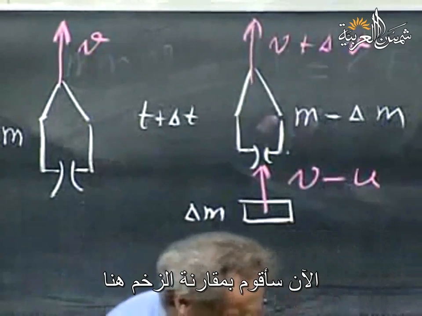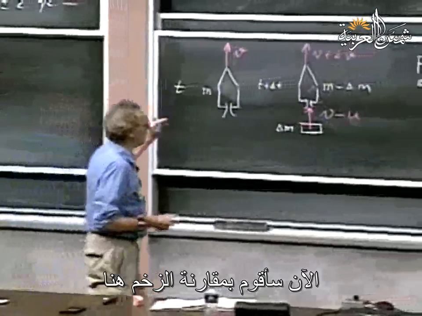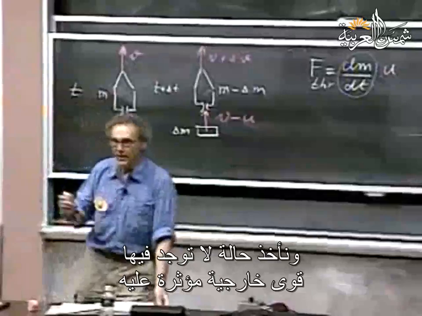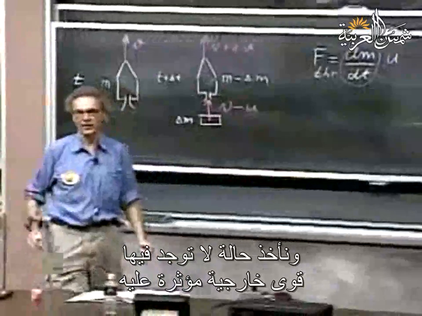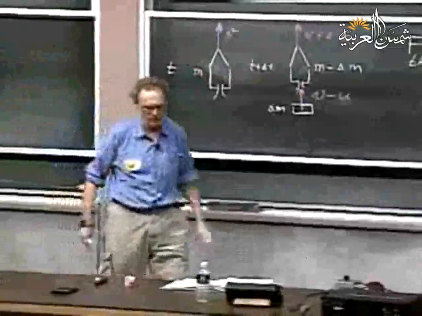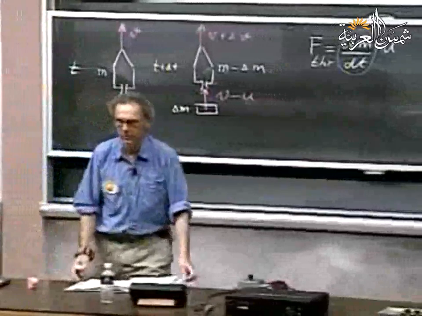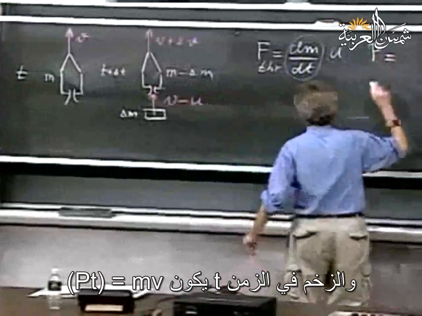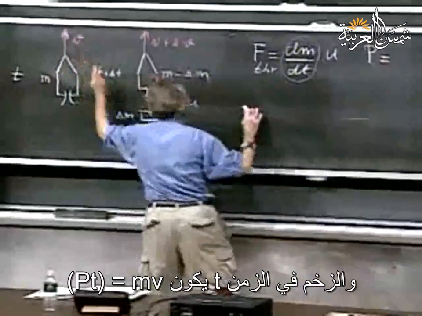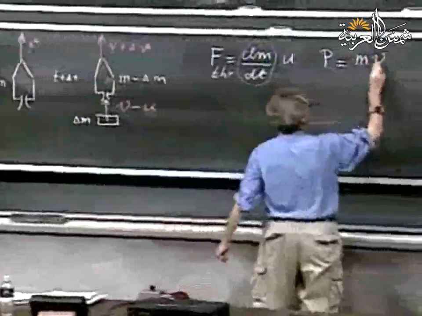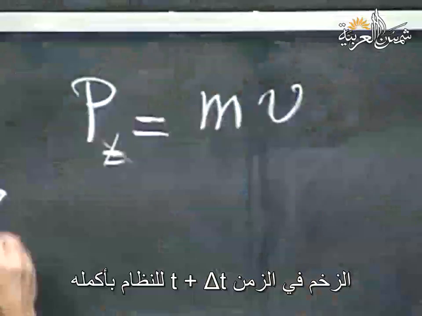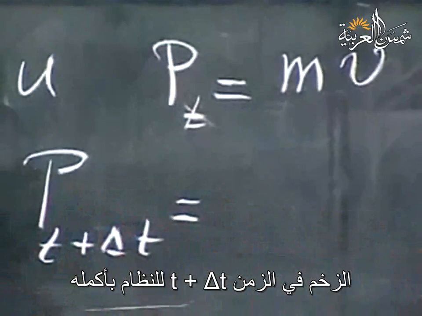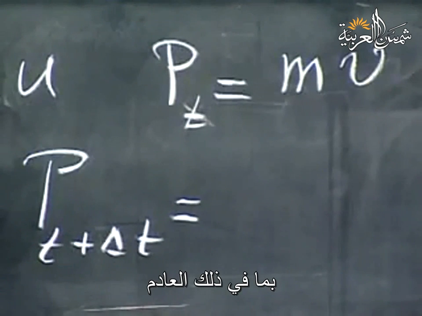Now, I'm going to compare the momentum here with the momentum there. And we take the situation that there are no external forces acting upon it. Somewhere in outer space this rocket burns. Momentum must be conserved. The momentum at time t equals m times v. That is very simple. The momentum at time t plus delta t of the entire system, including the exhaust.